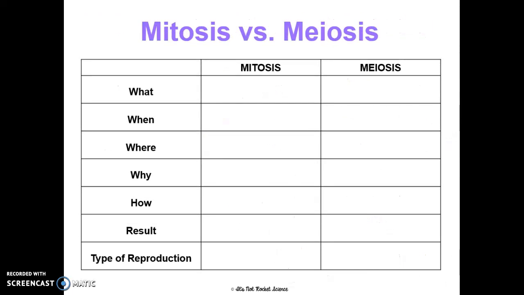All right. As you saw, there are a lot of similarities. So I'm going to quickly go through a comparison between mitosis and meiosis. Your goal should be to really be able to separate the two of these processes. So, what they are.